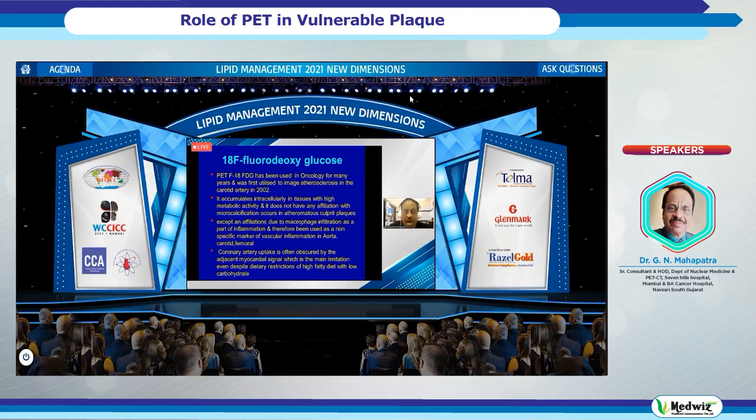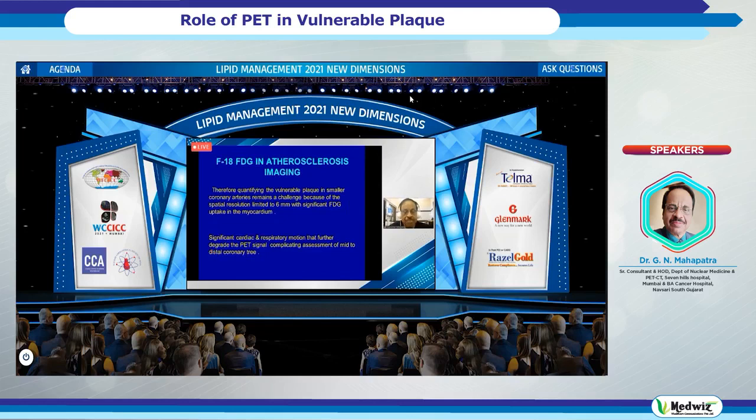Coronary artery uptake is often obscured by the adjacent myocardial signal, which is the main limitation for this agent. Therefore, quantifying the vulnerable plaque using F18 FDG in smaller coronary arteries remains a challenge because of the spatial resolution limited to 6 mm with significant FDG uptake in the myocardium, plus significant cardiac and respiratory motion that further degrade the PET signal, again complicating assessment of mid to distal coronary.